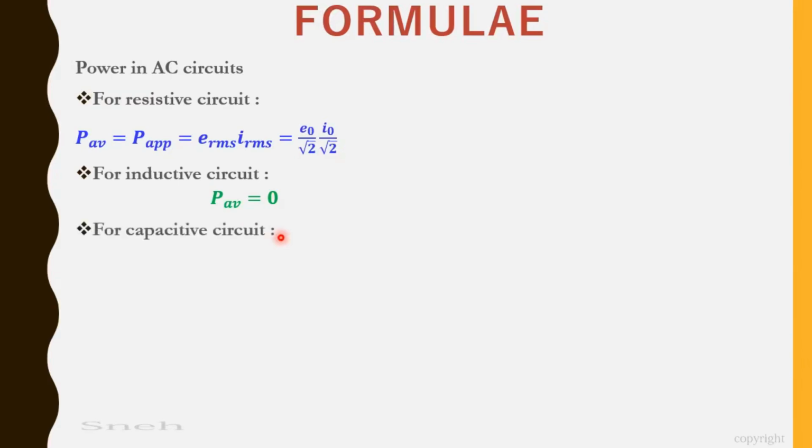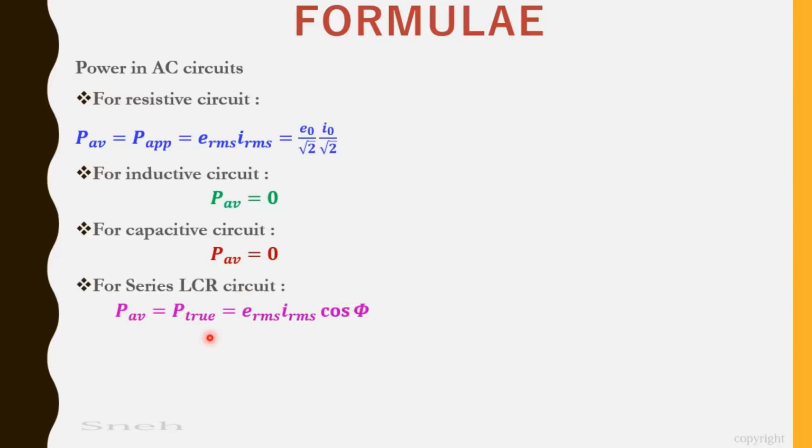Already we have seen this also. For capacitive circuit, average power is again 0. For series LCR circuit, average power is said to be true power and is given by ERMS into IRMS into cos phi. Same thing we can write as E0 upon root 2 into I0 upon root 2 into cos phi.